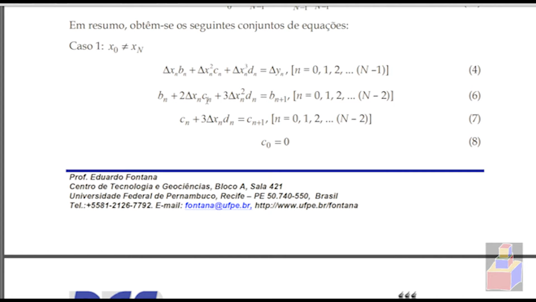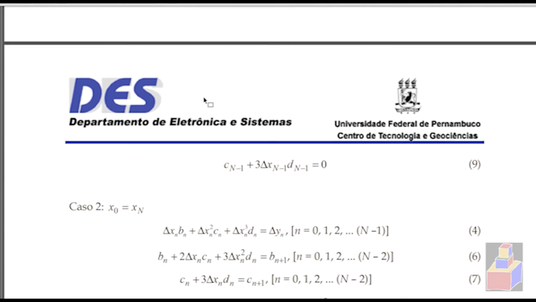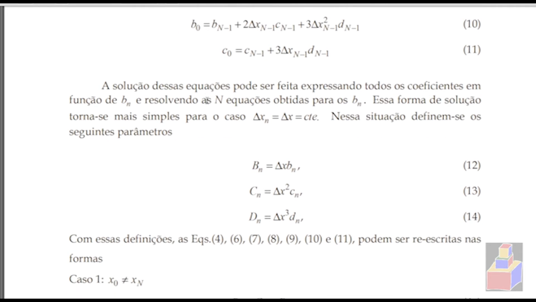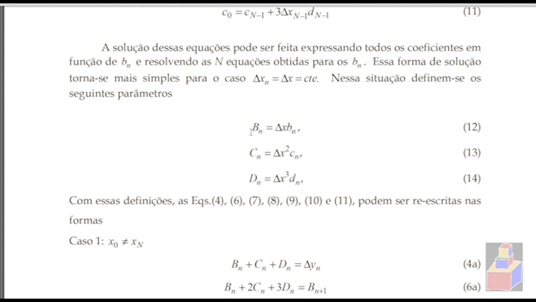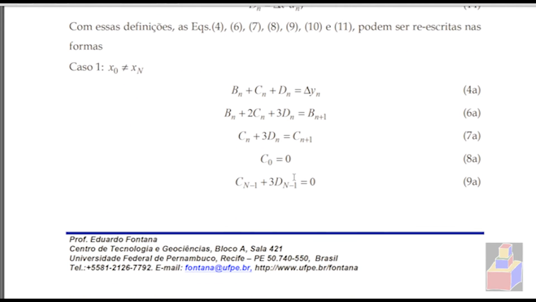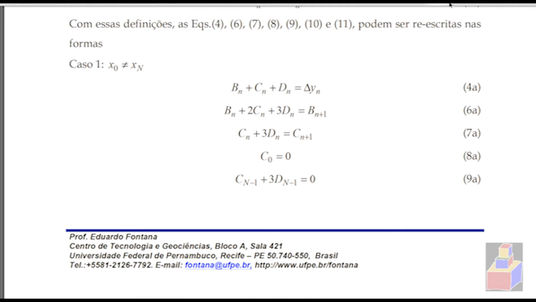You can make a new definition of parameters. You can call capital B the product delta x times lowercase b, capital C delta x squared times the corresponding lowercase c, and capital D delta x cubed dn. So we have a set of equations of this type.